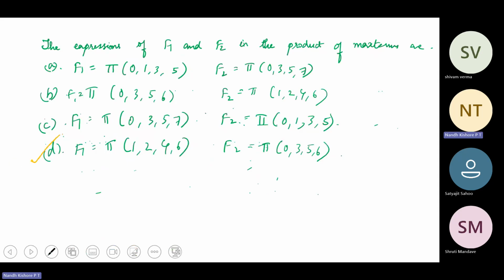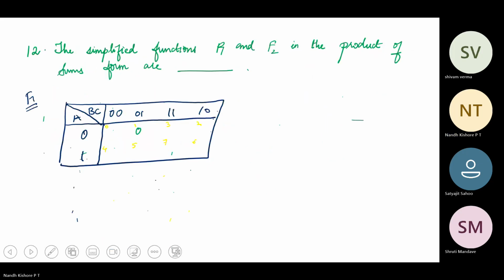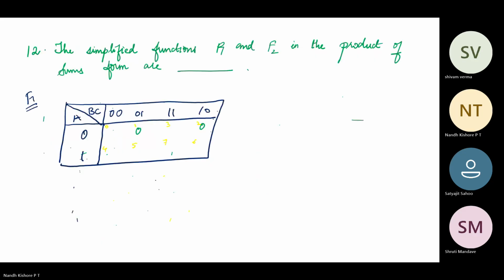We just wrote that F1 is 0 at 1, 2, 4, and 6, and all other places it is 1. So this is the table for F1.